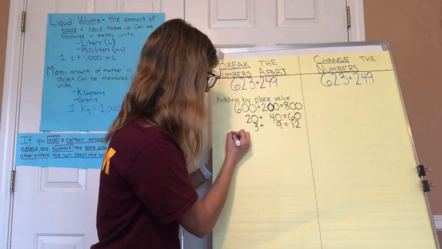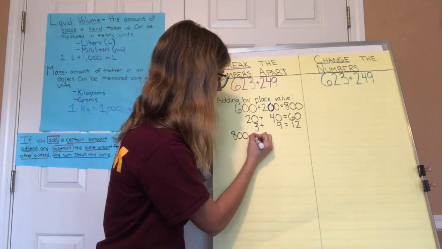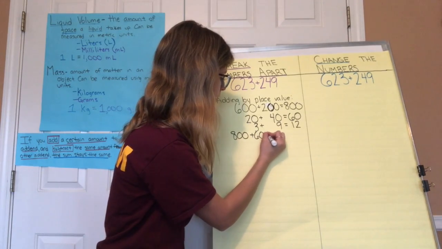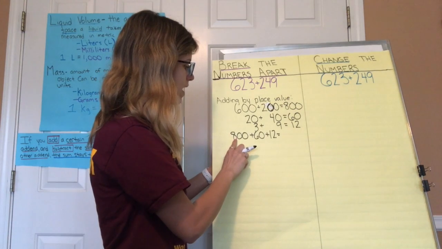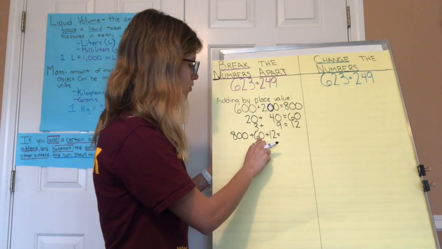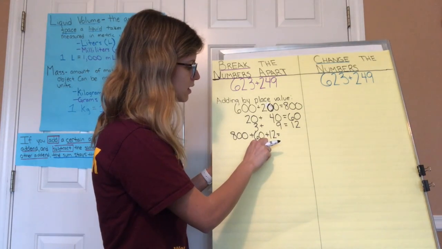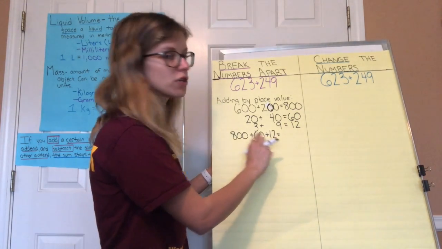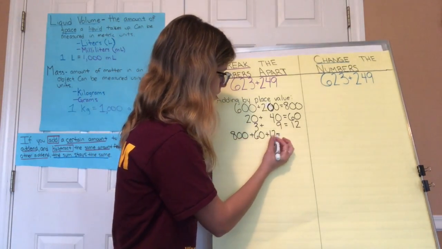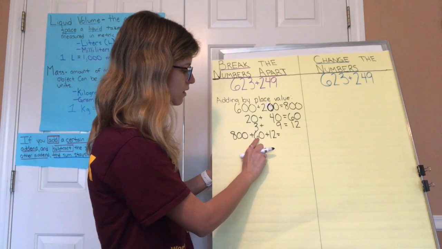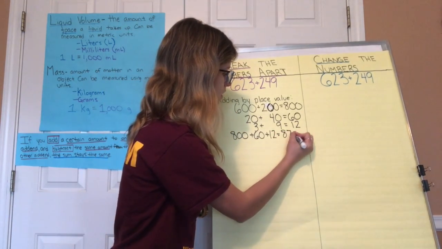So that would be 800 plus 60 plus 12. And I know that 800 plus 60 would be 860. Then I have an extra 10, so 870. So 872, because I need to put this 10 over here. So then I would have 872.